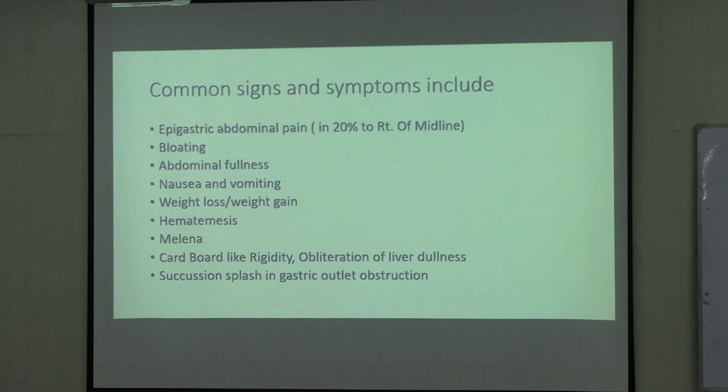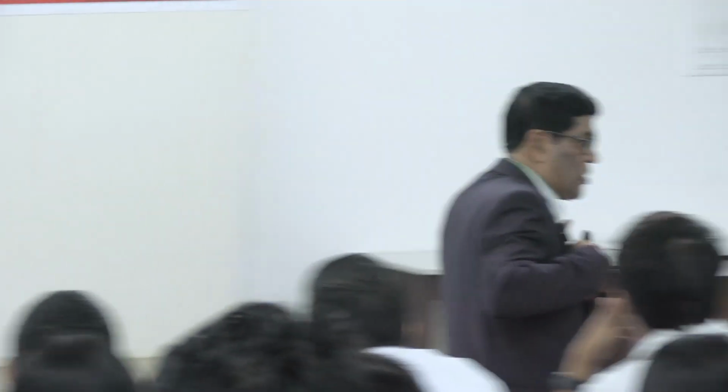Then cardboard-like rigidity and obliteration of the liver dullness. I told you about cardboard-like rigidity and obliteration of the liver dullness. Liver dullness is present from the fifth intercostal space downward, so this dullness will be obliterated in perforation.